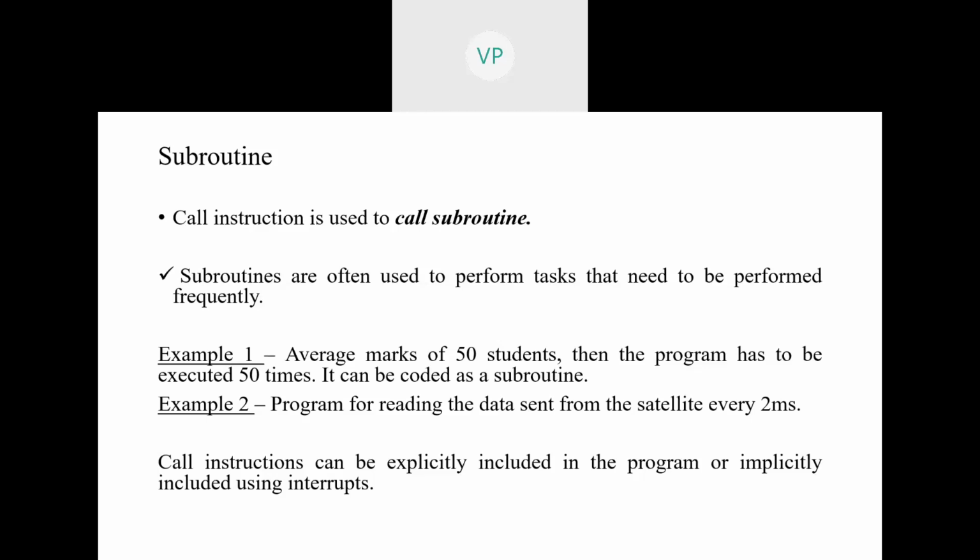The call instruction can be explicitly included in the program or implicitly included using an interrupt. As part of the program, you can directly use the call instruction, or as part of interrupts, the call instruction is implicit because it will call the interrupt service routine.